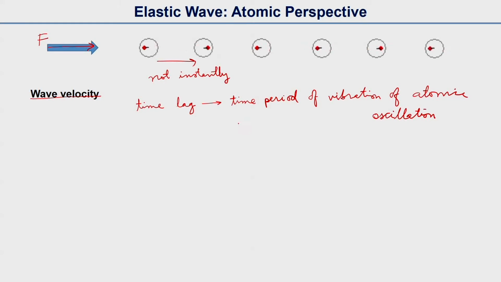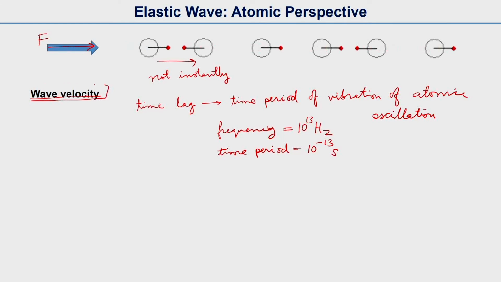We know the frequency of vibration, as I told you, is 10 to the power 13 hertz. That means the time period is 10 to the power minus 13 second. Then how do we calculate the wave velocity?